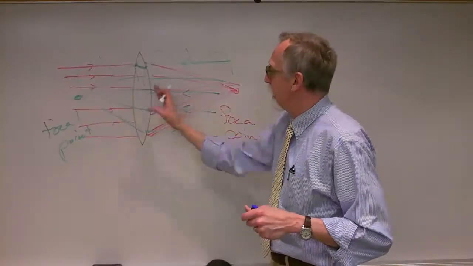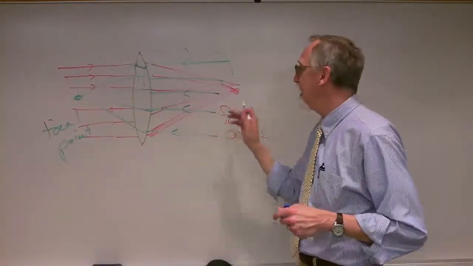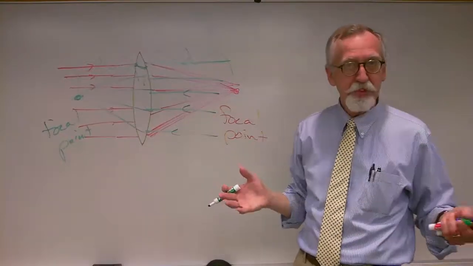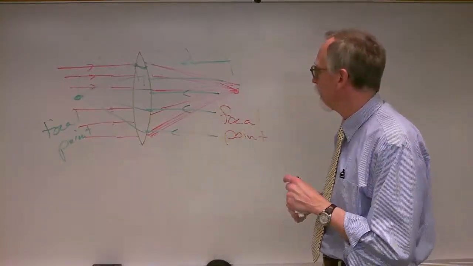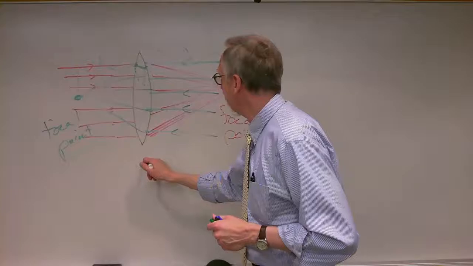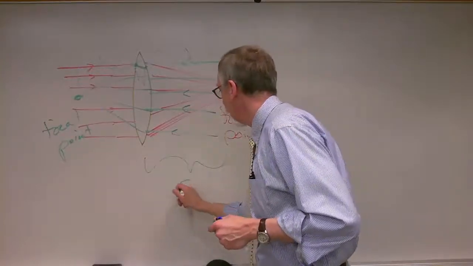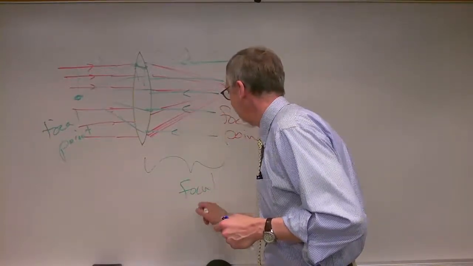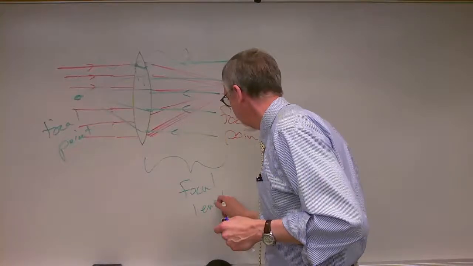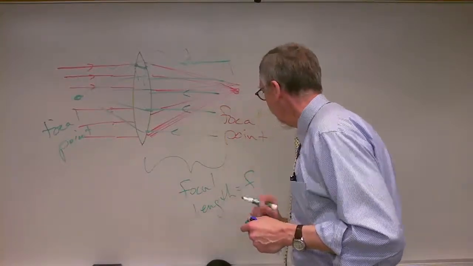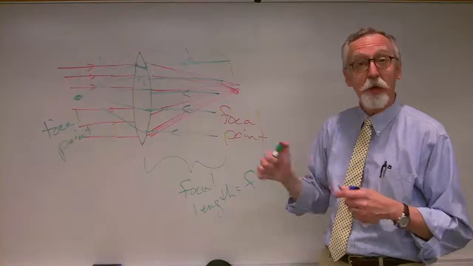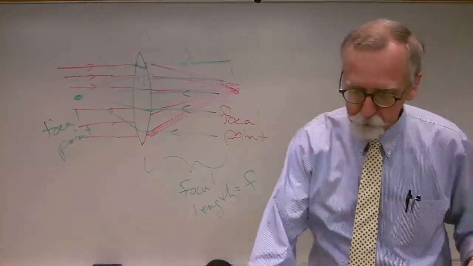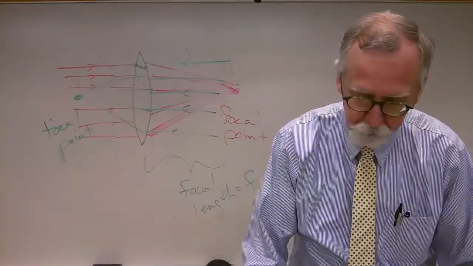We could have differences on the two sides, and essentially the focal points will be the same distance from the lens. So we'll just assume that they are. The distance from the lens to the focal point, this is what we'll call the focal length. And we'll identify that with the letter F, just like we did with mirrors. Okay, very good.